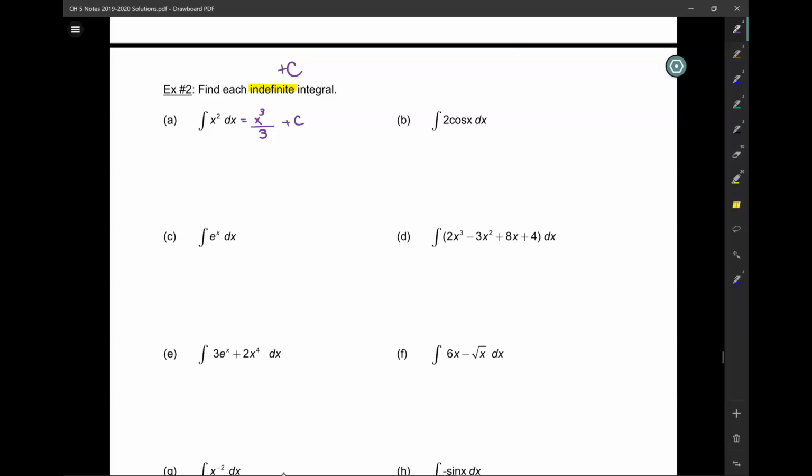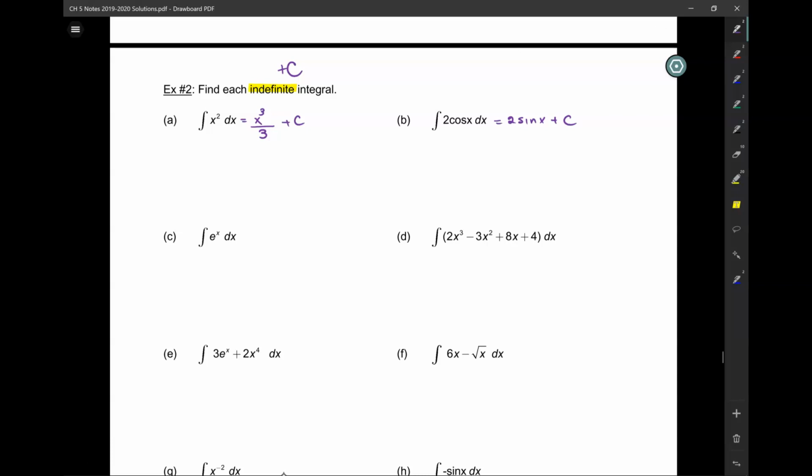All right? So here, the integral of 2 cosine x, the 2 is just a constant. Now I have to switch my frame of thought. The integral of cosine is sine x plus c. Is it negative? Is it positive? I don't know. Let's go backwards.